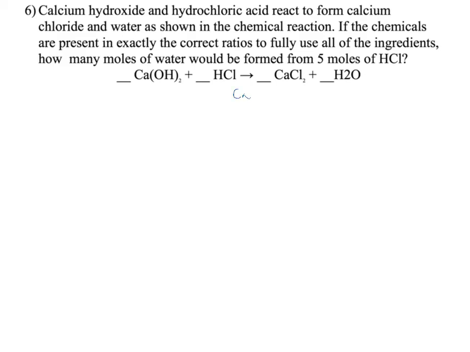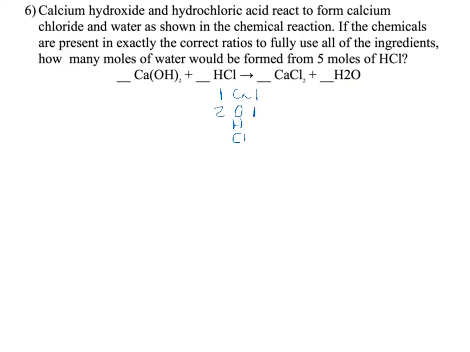So we've got calcium, and we've got oxygen, and we've got hydrogen, and we have chlorine. We have 1 calcium on our reactant side and only 1 calcium on the product side. We have 2 oxygens because this 2 goes with everything inside the parentheses, 2 oxygens on the reactant side and then only 1 oxygen on the product side.